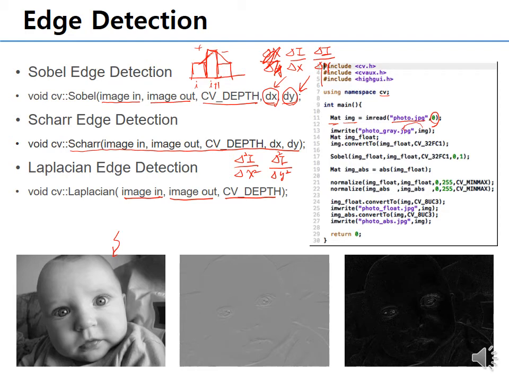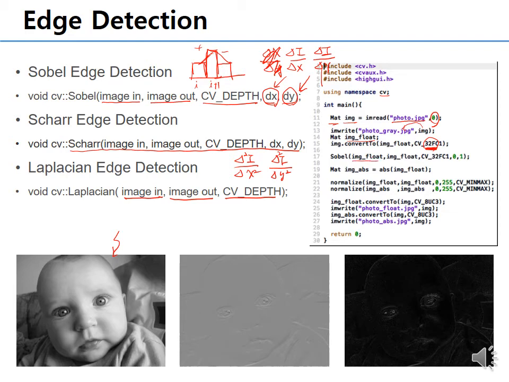And the Mat image float. Before we apply the edge detection subroutine, we need to convert the unsigned integer format to the float format, because we need to do complicated calculations. In that case, we should use a float type.